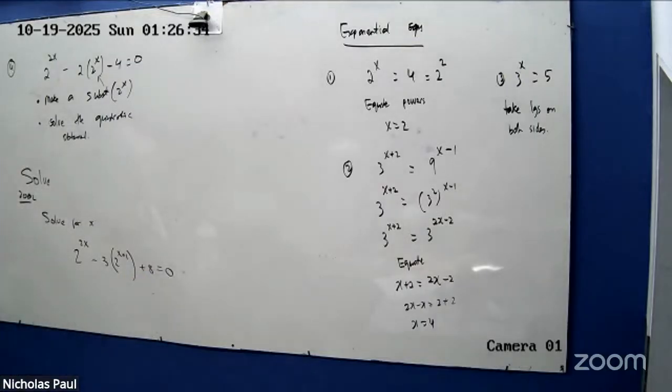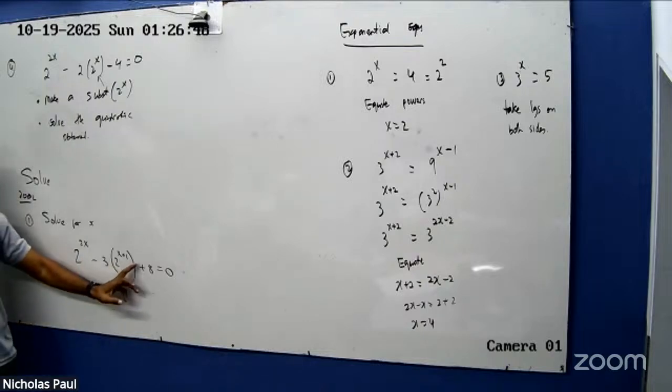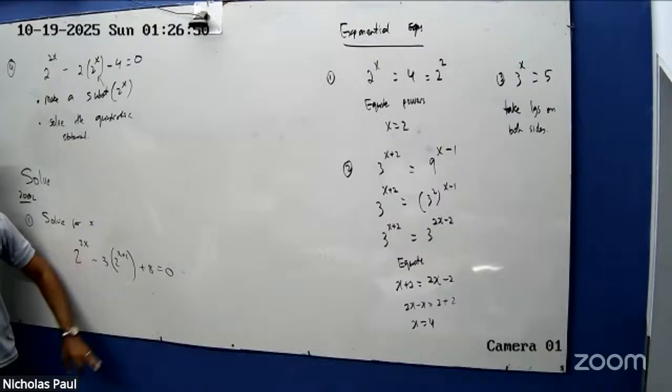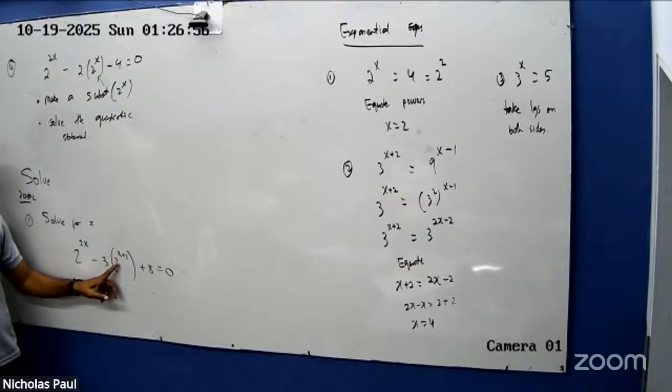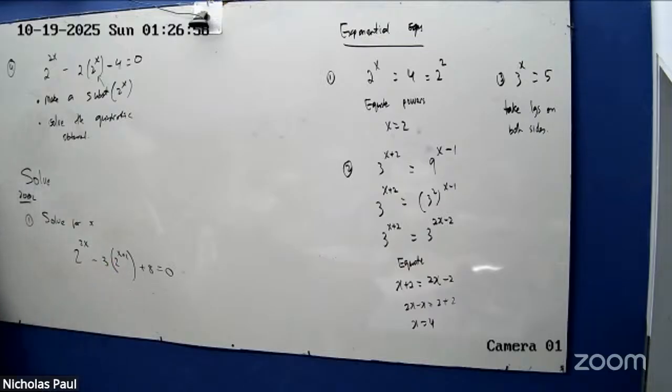So this first one here, the first one in the block, is 2 to the 2x minus 3, 2 to the x plus 1 plus 8. Be careful with the plus. What should you do?